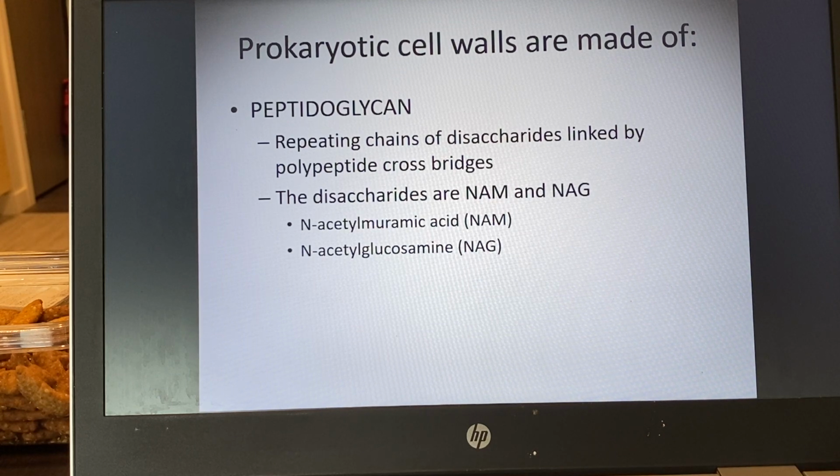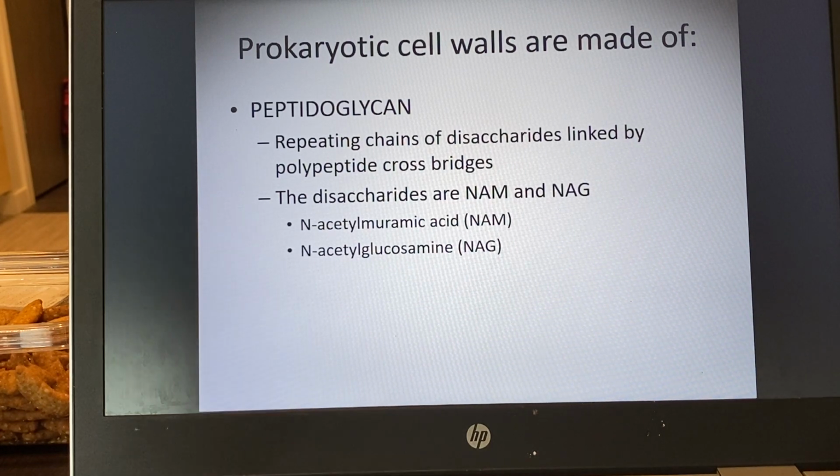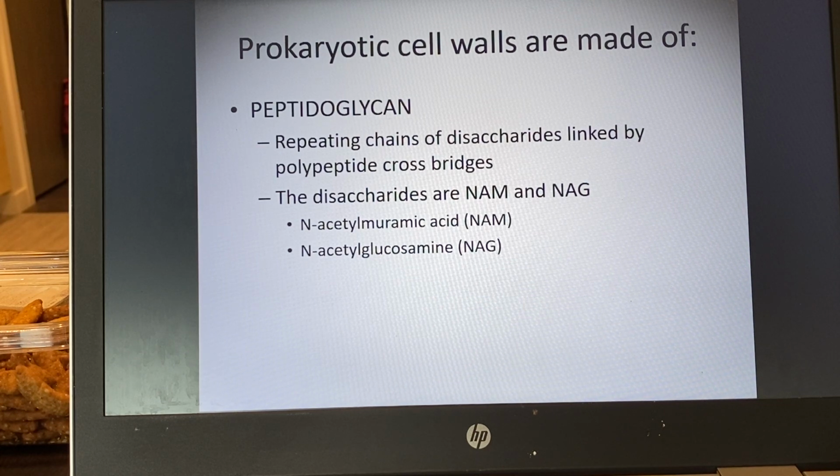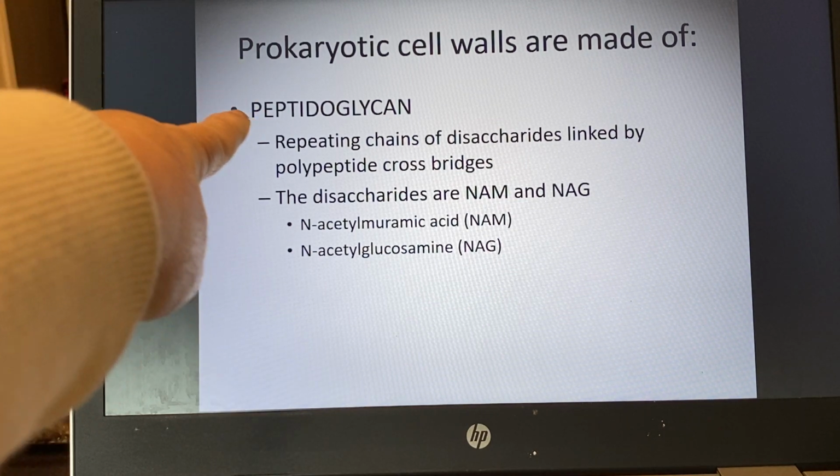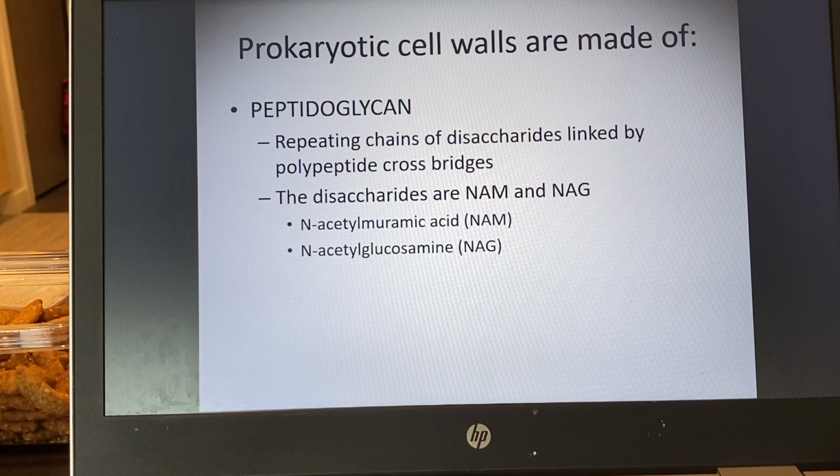Chicken wire is used to build kind of a flimsy fence, maybe to keep squirrels out of your garden or rabbits or whatever. But the glycan would be like having several sheets of chicken wire laying on top of each other. And then the peptido part is pieces of wire that could be threaded through the holes in the chicken wire to hold all of the chicken wire layers together. That's basically the structure of peptidoglycan.